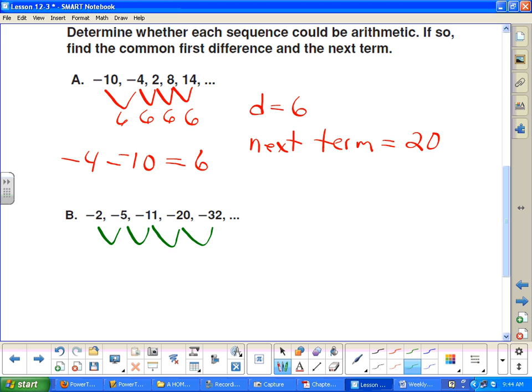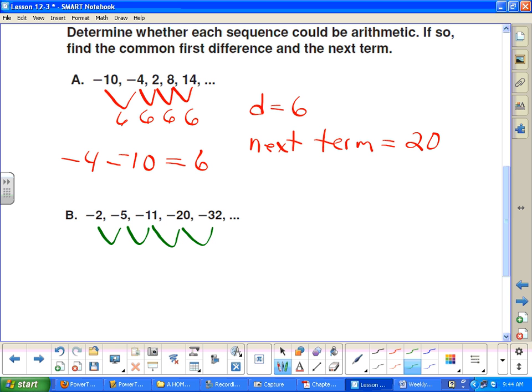Okay. So we're going to check to see if this sequence here, which is negative 2, negative 5, negative 11, negative 20, negative 32, is arithmetic or not. In most of these sequences, you're going to be able to look at them and say, okay, do they differ by the same amount each time? So from 20 to 32, is that the same as 11 to 20? No. Okay.